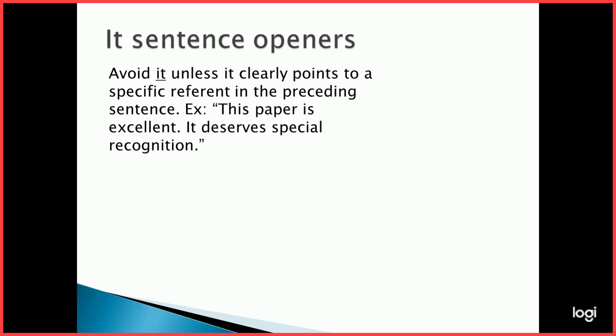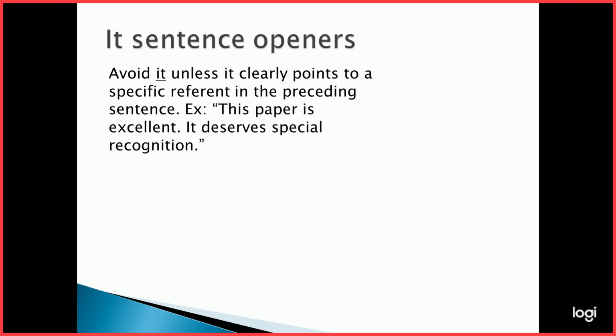See? Now, a similar thing happens with it sentence openers, although you don't necessarily re-emphasize the sentence, because it can act as a pronoun, as a referent. So avoid using it at the opening of a sentence unless it clearly points to a specific referent in the preceding sentence. This paper is excellent, for example.